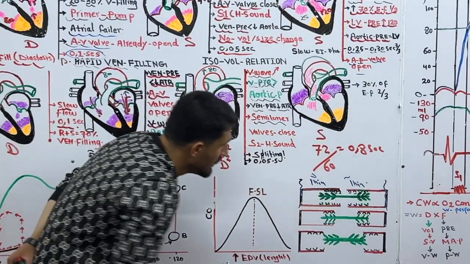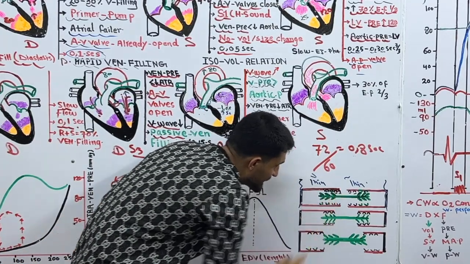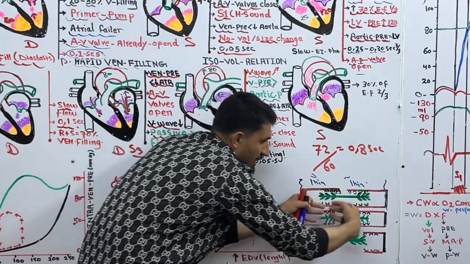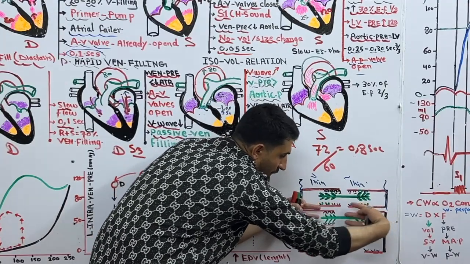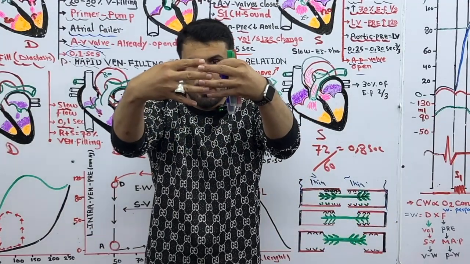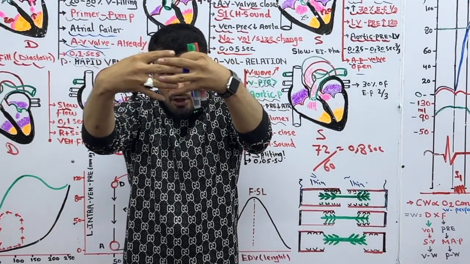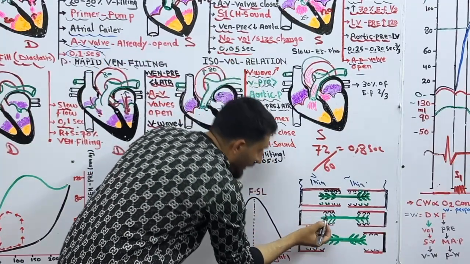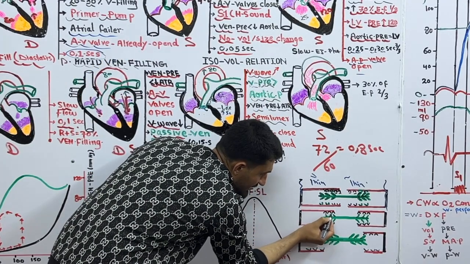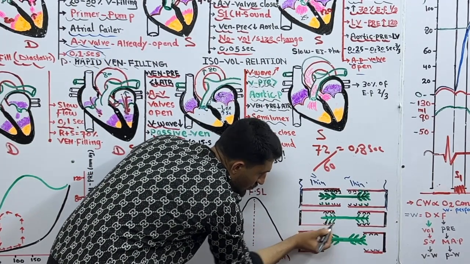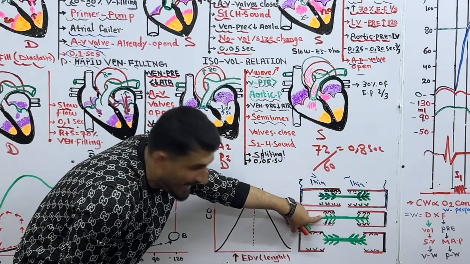Now when I stretch myocardium, it means I stretch out this contractile machine. So when I stretch out, now three heads of myosin join to three active sites.